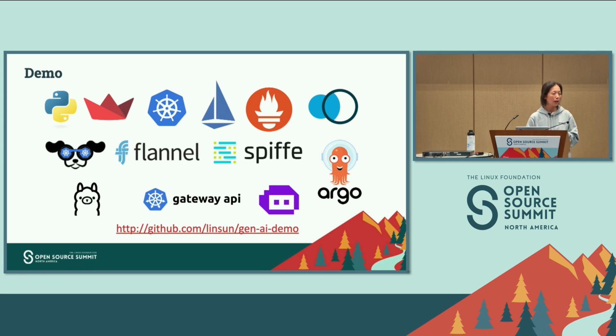For the large language model, I decided to run most of the stuff locally using Ollama. I have a couple of large language models loaded into my local Ollama. For those of you who are not familiar with Ollama, one thing I really love about it is you can run large language models with Ollama as a Docker container locally on your laptop. So it's very, very powerful. Then we're going to use the Kubernetes Gateway API, which is the future of Kubernetes networking API.